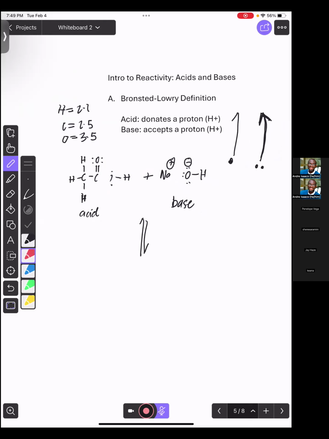So what's happening here is that the oxygen, the rich oxygen with the electrons, is going to say, hey, I'm going to share my 2 electrons with you, right? So that arrow I just drew showed that the oxygen is sharing its 2 electrons with that hydrogen. Does that make sense? Everybody follows that along?